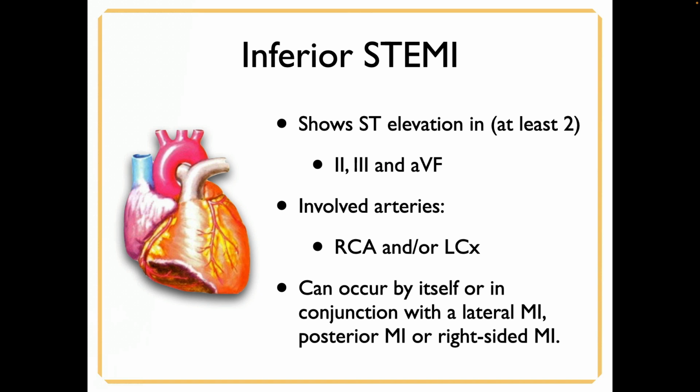Typically, the involved arteries are either the RCA, the right coronary artery, or the left circumflex. Because remember, these are the 2 arteries that circle around the back of the heart and drop to the bottom. So even though it's a bit counterintuitive, the RCA and the LCX perfuse a similar area, and that's the posterior and inferior walls of the heart.